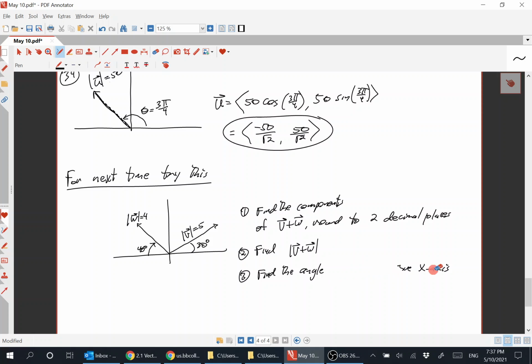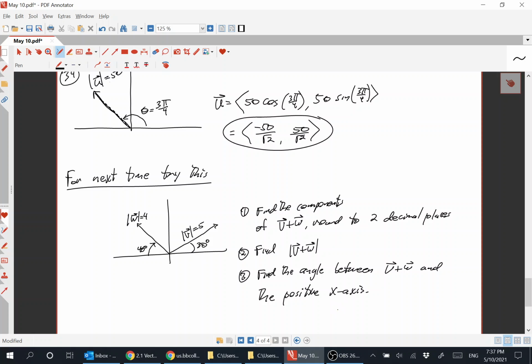Find the angle between V plus W and the positive x-axis.